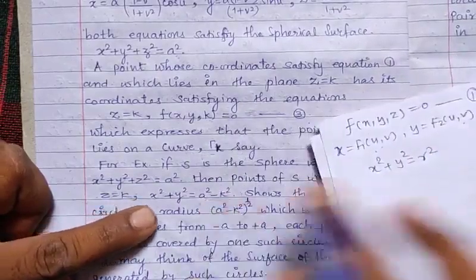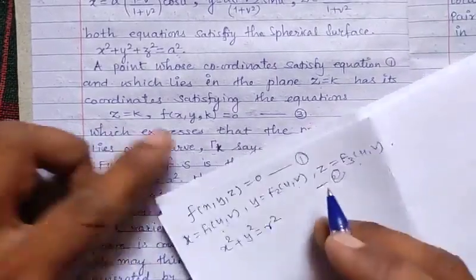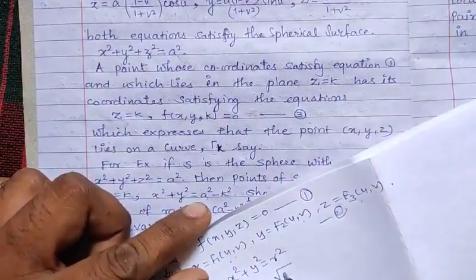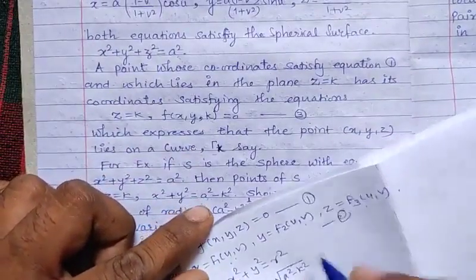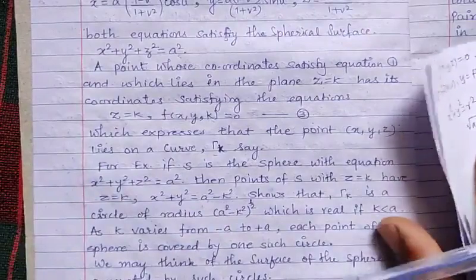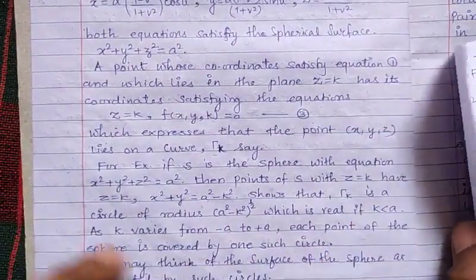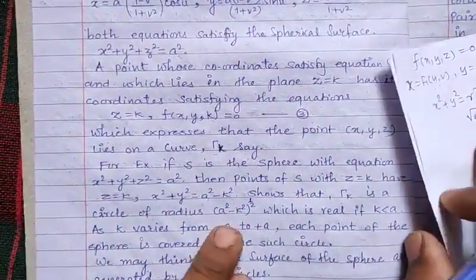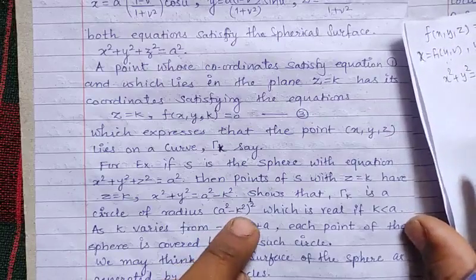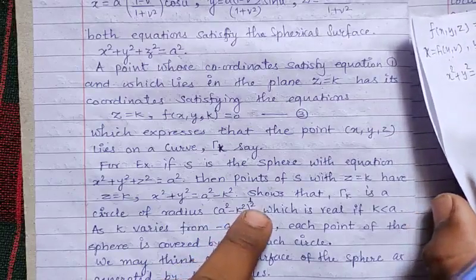So what is the radius of this circle? The radius of this circle is nothing but square root of a square minus k square. So gamma k is a circle of radius (a square minus k square) raised to 1 upon 2.